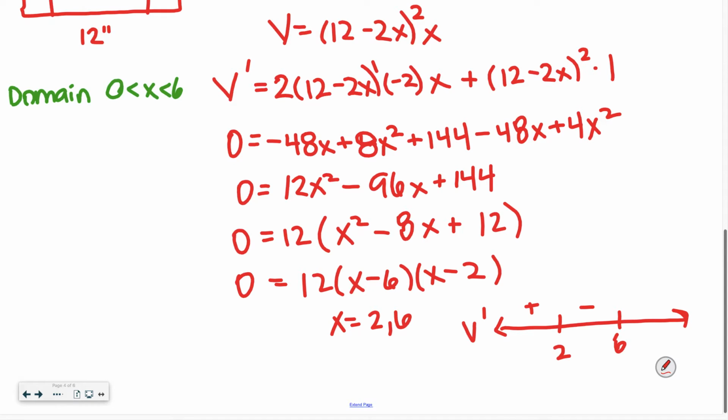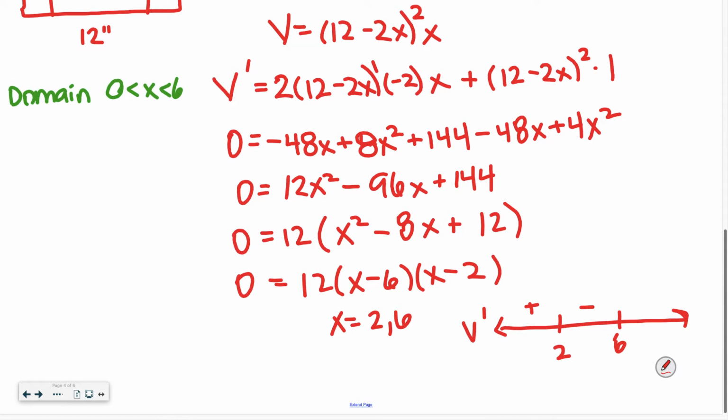But we've already found a maximum, right? At x equals 2, our derivative changes from positive to negative. We have a maximum. Now, you don't have to tell me that the derivative changes from positive to negative. There's no justifying that you need to do. But we found our maximum. Okay? At this point, it comes back to the question.